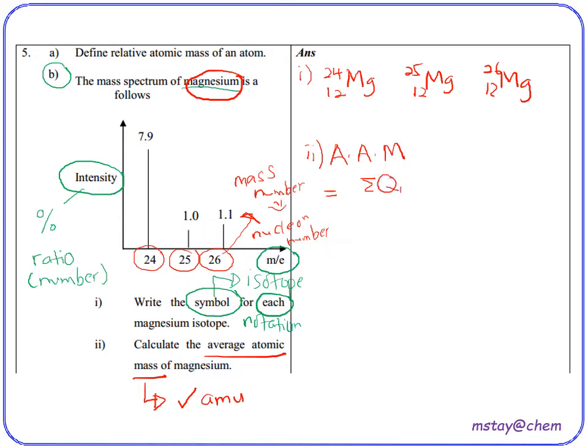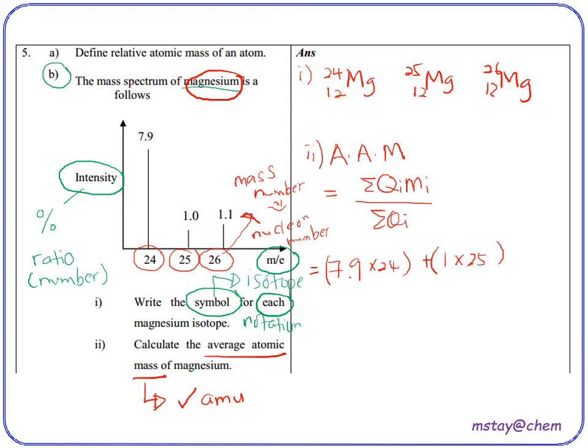The sum of kimi over the sum of the ki. In this case, the first isotope, the abundance is 7.9, the mass is 24. Second isotope, abundance is 1, mass is 25.